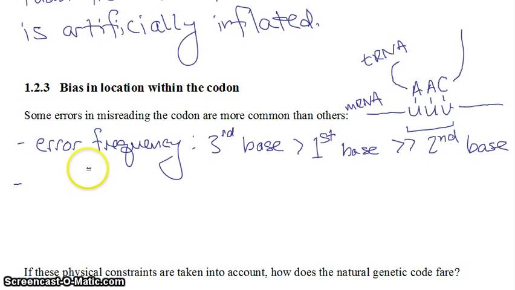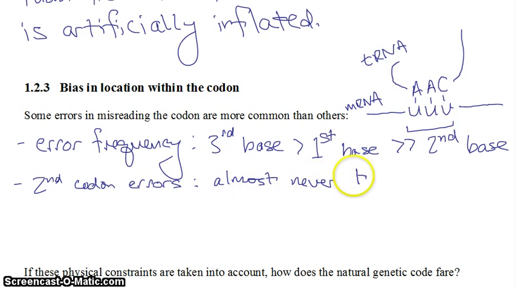Furthermore, they wanted to look and see what kinds of biases in the kind of mismatch you would find depending on where you are in the codon. So second codon errors, in addition to the second codon error being the least frequent happening, the second codon errors are almost never transversions. In other words, in the unlikely event that you do have a second codon error, that is almost always a transition.